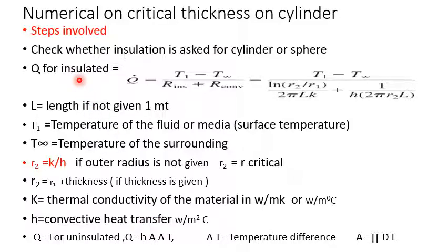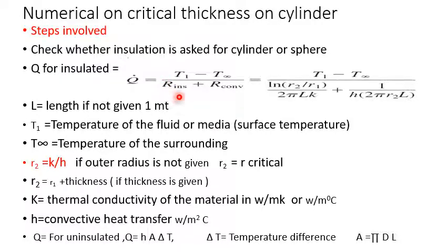If it is insulated, then I am supposed to use this formula, and this formula holds good only for a cylinder. We have studied Q is equal to delta T by R thermal. So what is delta T? Delta T is nothing but the temperature difference, that is T1 minus T infinity, divided by R thermal, which is R insulation plus R convective.